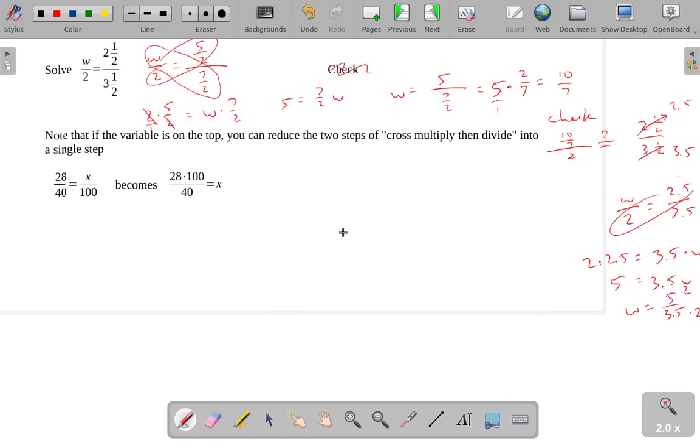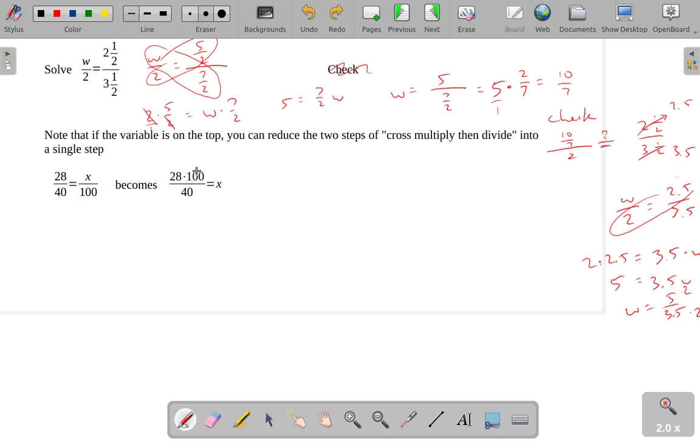All right, so one final little trick. If you've stuck with me to this point in the video, you get a nice little trick. So if we have something that looks like this, 28 over 40 equals x over 100, typically I would do the product of those divided by the product of those. But you may have noticed a certain thing continually happening.